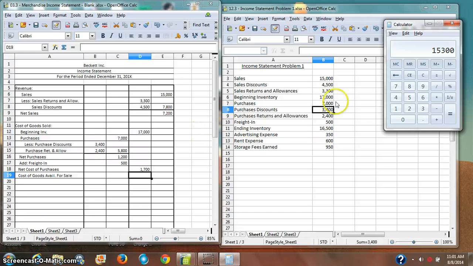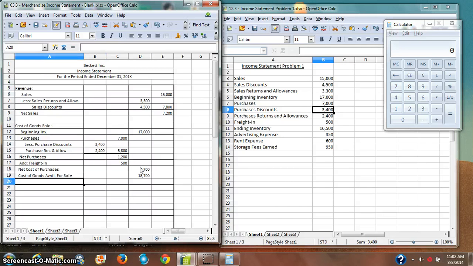It's going to be 17,000 plus 1,700, 18,700. That plus that, 18,700. If we sold everything, that would have been the cost of it. Of course, we didn't sell everything in the shop. There's some things that we didn't sell, and that would be our ending inventory.